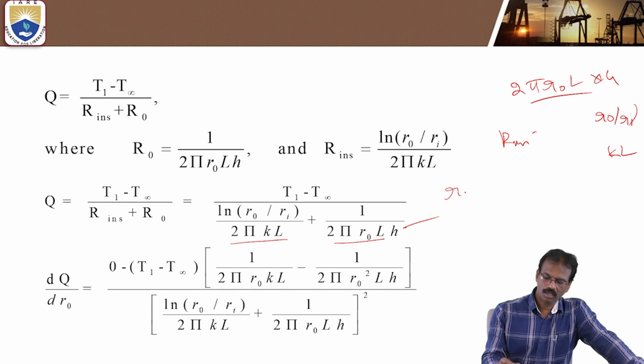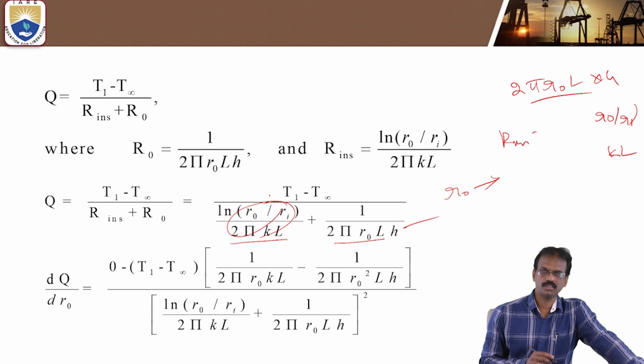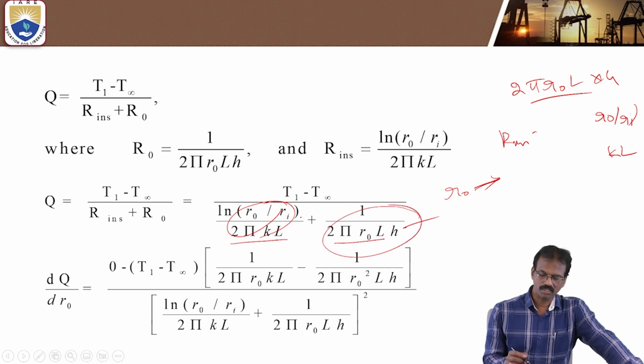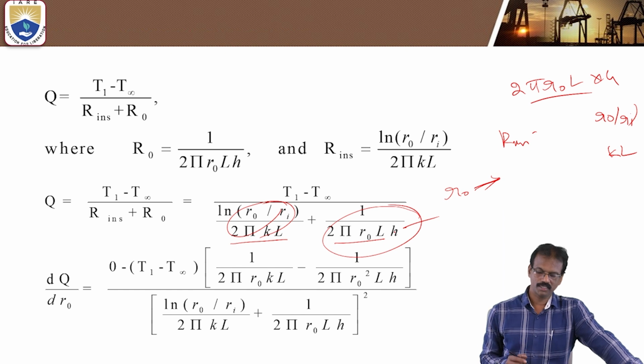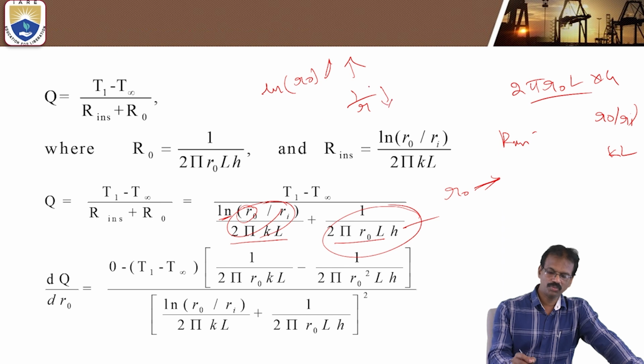If you increase R naught, the thermal resistance of conduction will increase. But if you increase the R naught value, the thermal resistance of convection will decrease because it is 1 by R naught. The conduction resistance has ln of R naught, a logarithmic function of R naught, which is increasing, while 1 by R naught is decreasing.